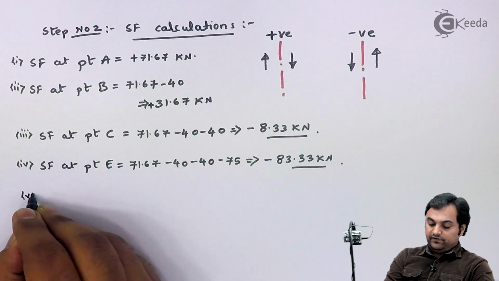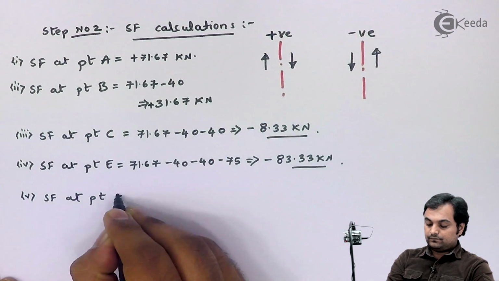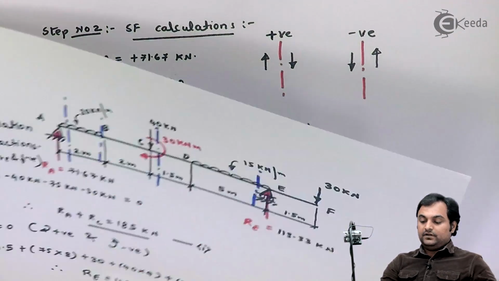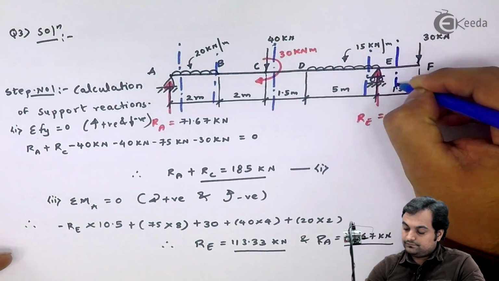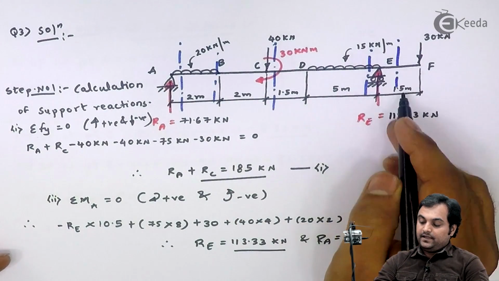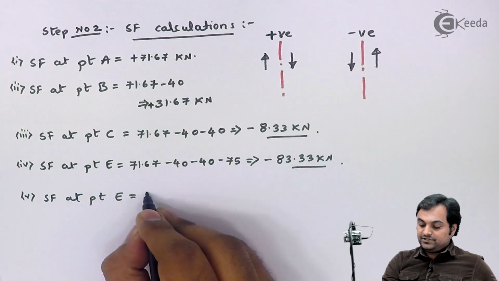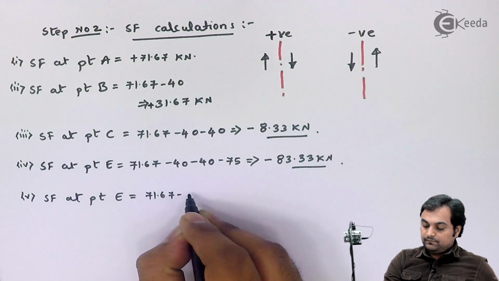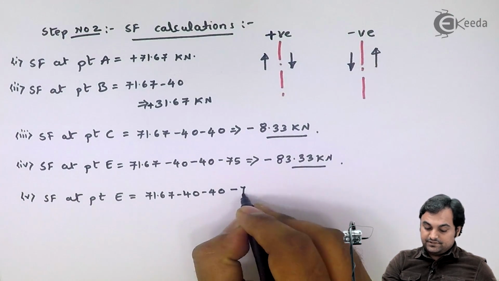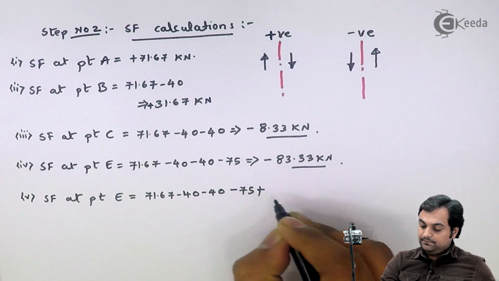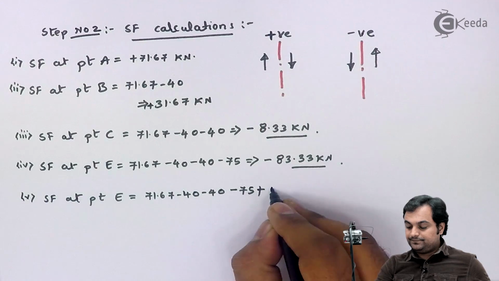Now we will get one more value of shear force at point E. That will be by taking the section to the right of E. So here, if I take the section to the right of E, RA, which is upward 71.67, minus 40 minus 40 minus 75 and plus 113.33.